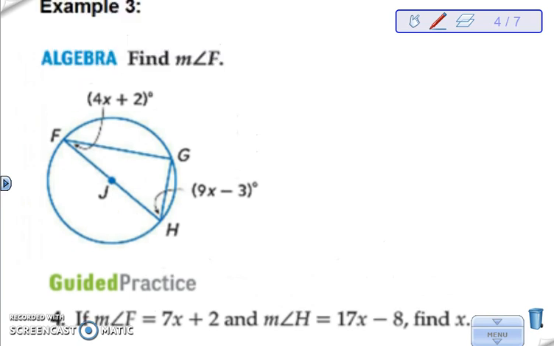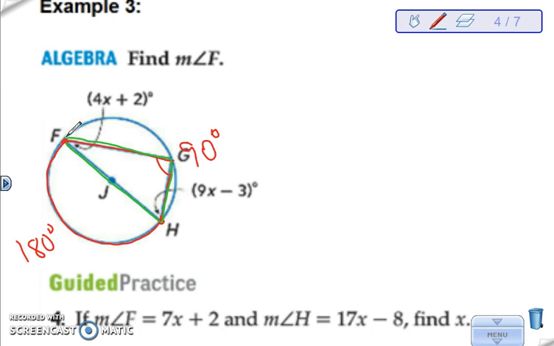So if I'm looking for angle F, start with the same idea. If there's 180 degrees on the arc from F to H, there's 90 degrees at angle G. And the diameter and the two chords together form a triangle.